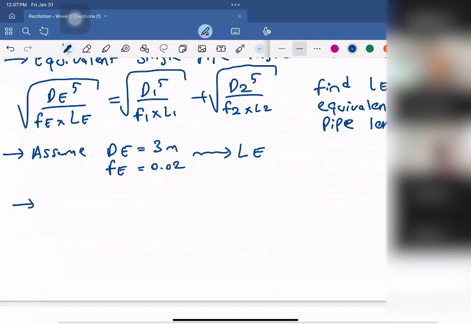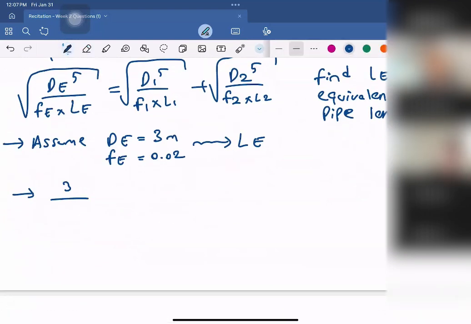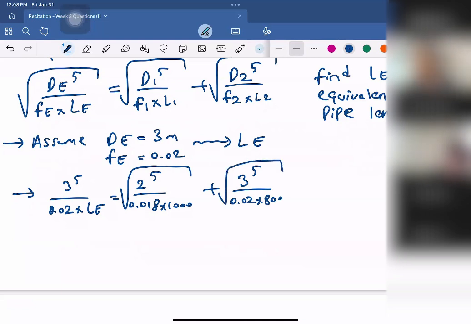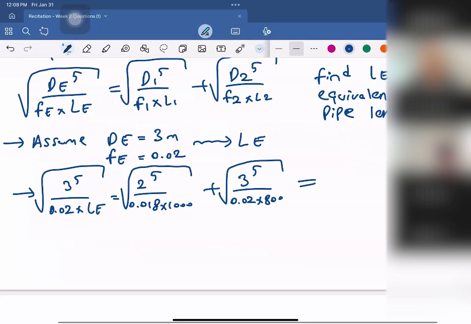So if you write everything here for branch 2, from here the only unknown is the length of the equivalent pipe, which you can get as 4 meters.